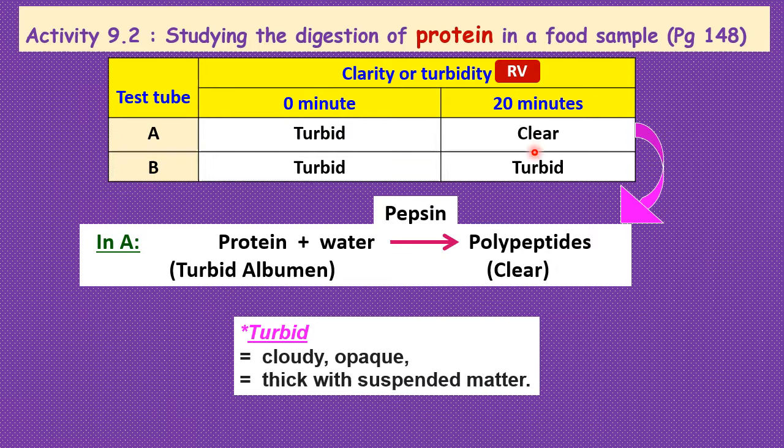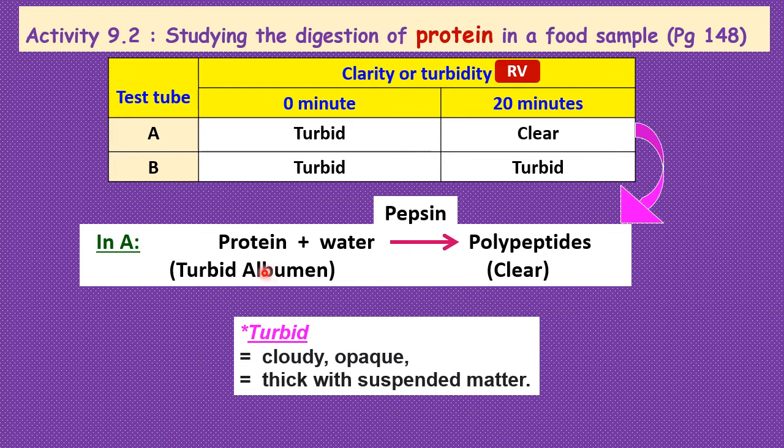So this shows that this reaction has occurred: protein plus water, catalyzed by enzyme pepsin, becomes polypeptides. Polypeptides are soluble in water and form a clear solution, whereas albumin is turbid and cloudy, forming a suspension in the solution.